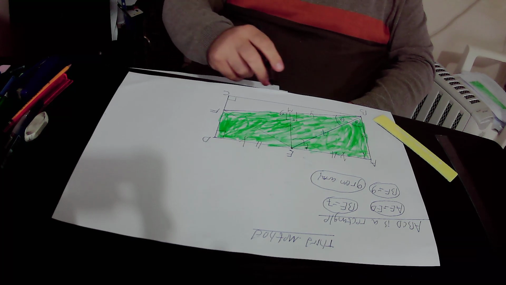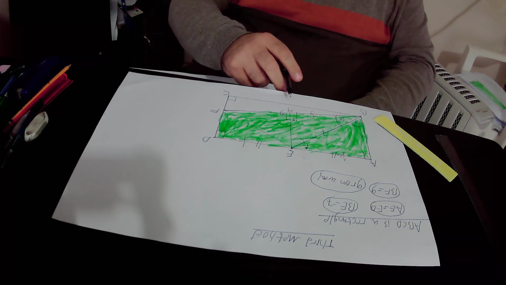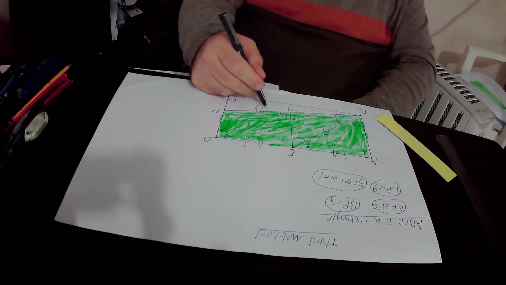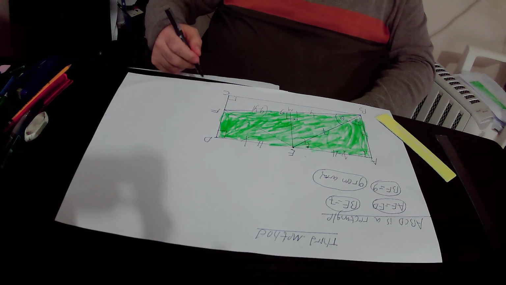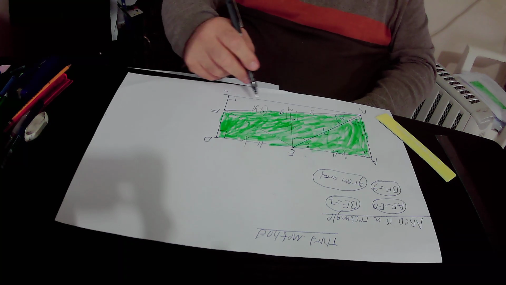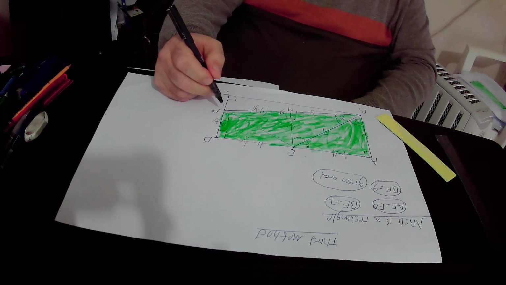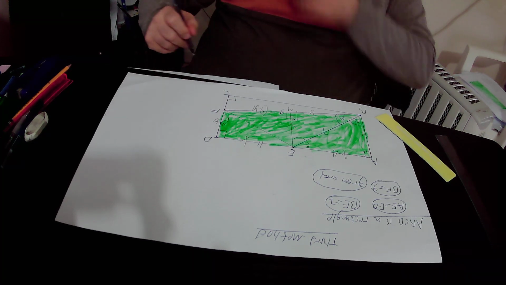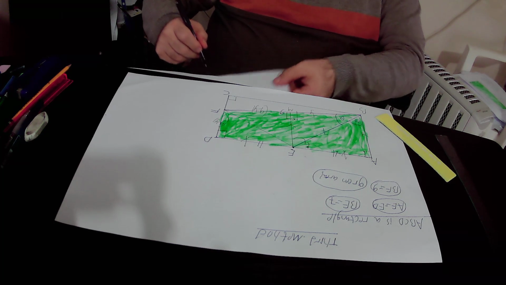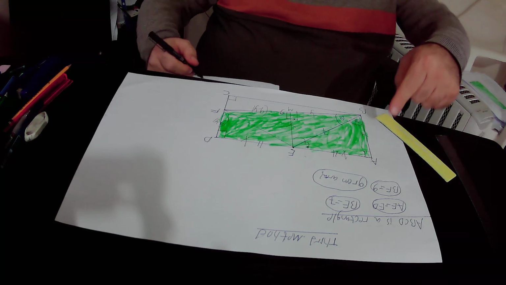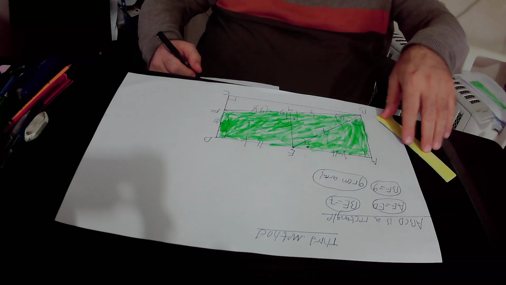Actually, MF is equal to 9 minus y. So if MF equals DF and MF equals 9 minus y, then DF will also equal 9 minus y. And we know that the opposite sides of a rectangle are equal to each other, that is to say AB equals DC.